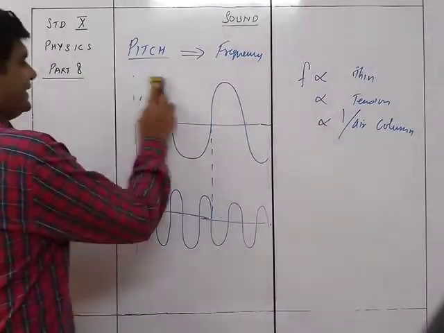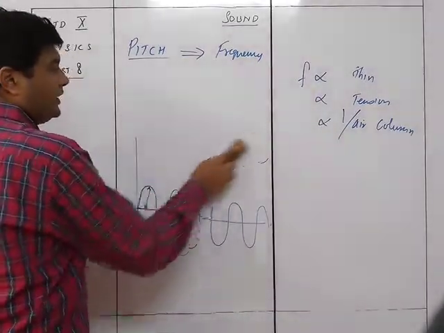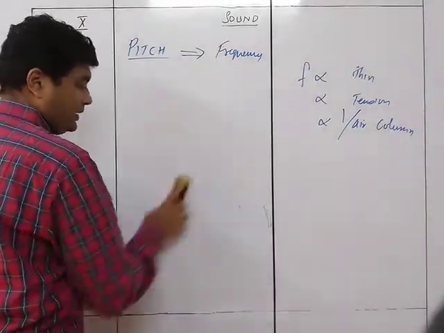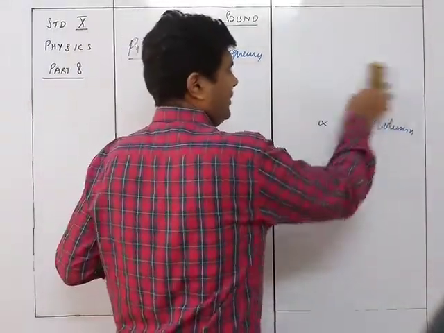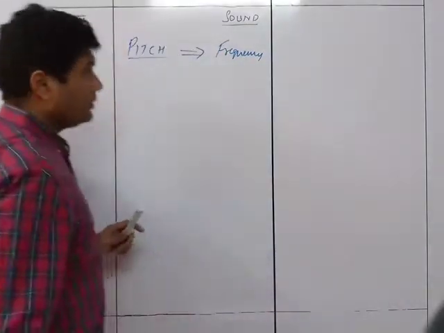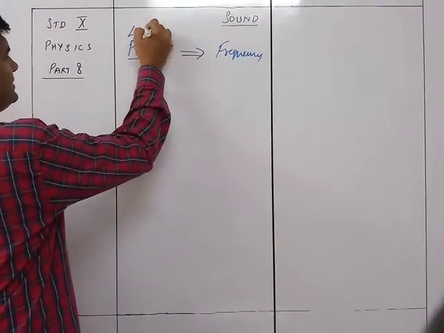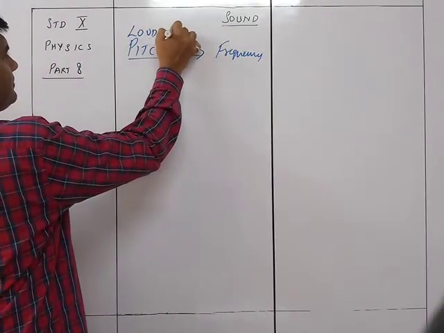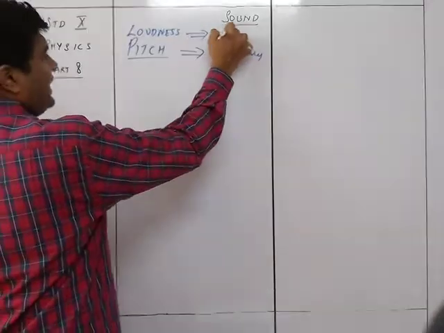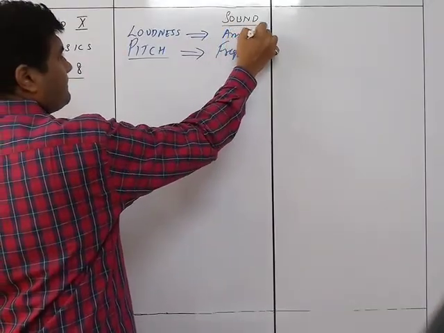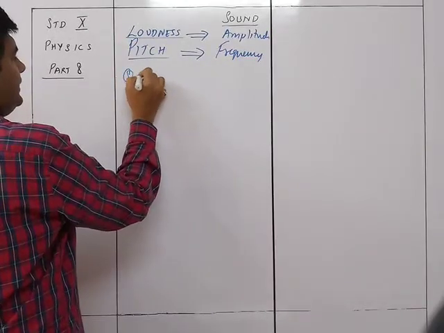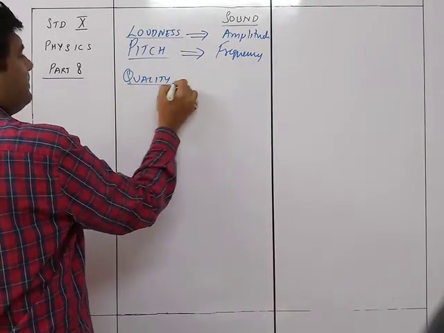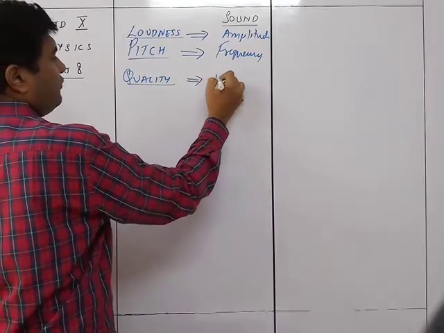We now see the next part, and that is the quality or timbre, which is related to the waveform. So I just write down over here. Loudness is dependent on the amplitude, and now comes the quality, which is dependent on the waveform.